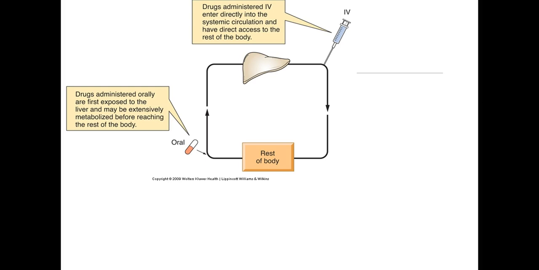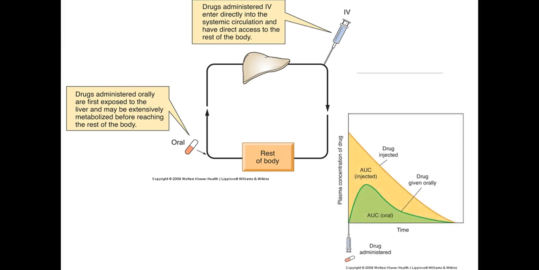Where when you take it orally, it usually will go metabolism before it goes distribution. So it can change the way things go. So your small intestine is right next to your liver. So most of it will go straight to the liver, be metabolized, and then back out into your circulatory system.